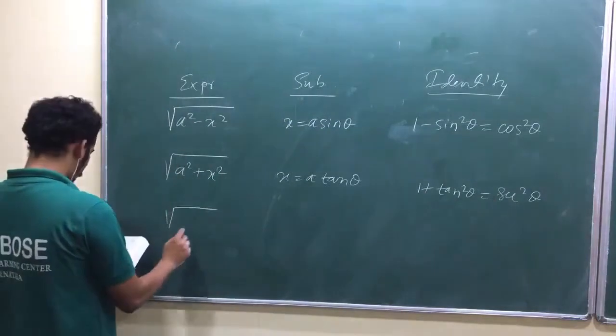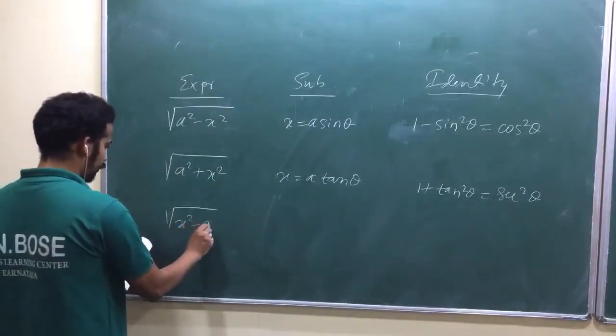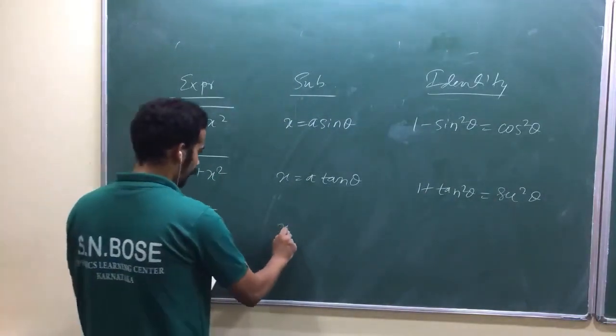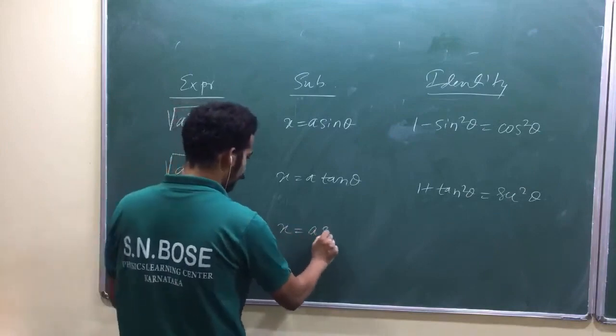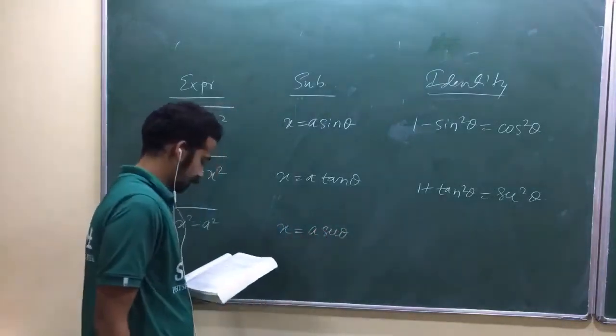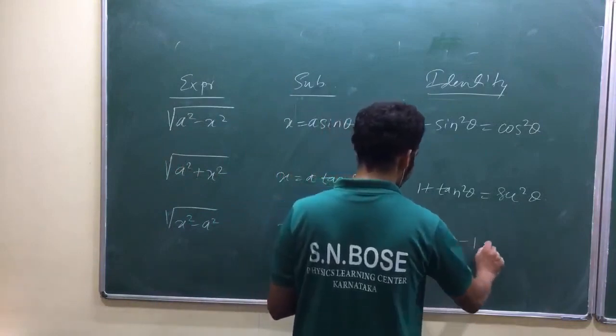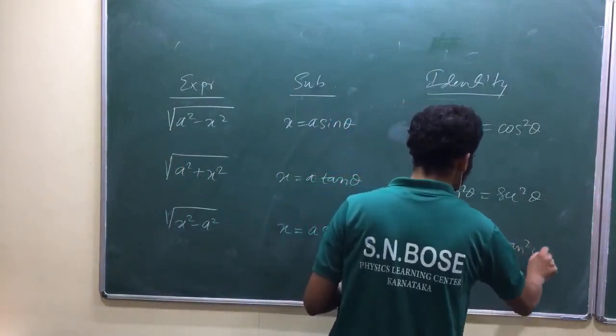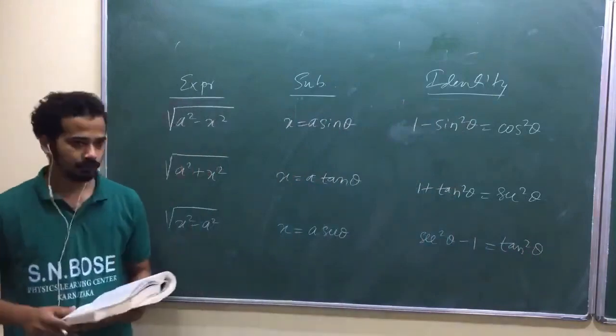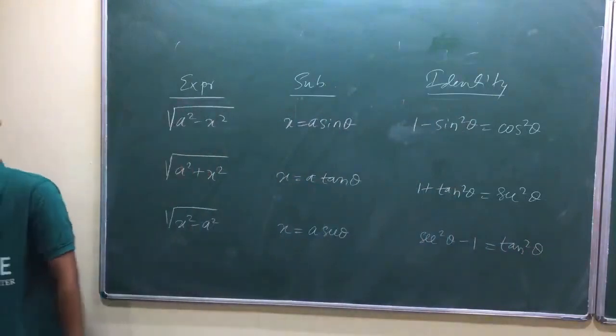If you have root of x square minus a square, then you have to put x equal to a secant theta, where the identity is secant square theta minus 1 equal to tan square theta. We should get rid of the root, isn't it?